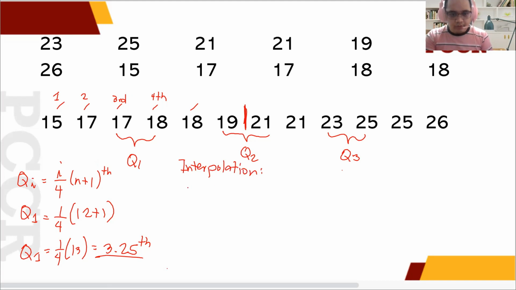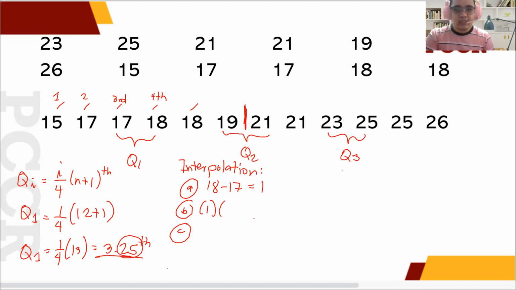Paano ginagamit yung interpolation? So we have three basic steps. Una, subtract mo lang yung data values na involved. So, fourth minus third. So, you have 18 minus 17, that will be 1. And then next, kung ano yung sagot doon, yung 1, you multiply it dito, yung decimal part, yung butal.